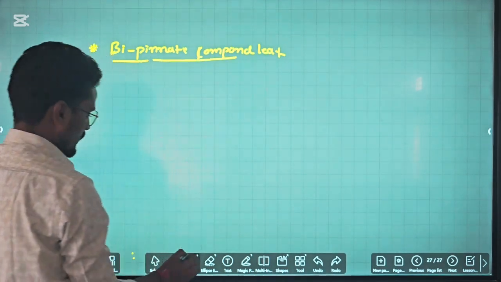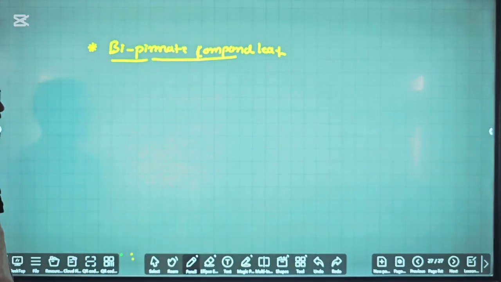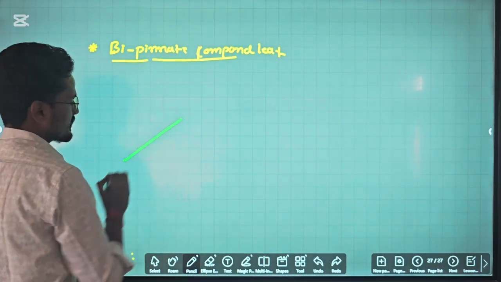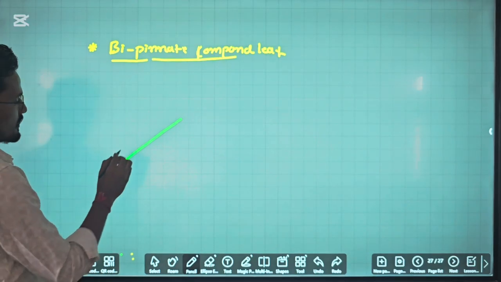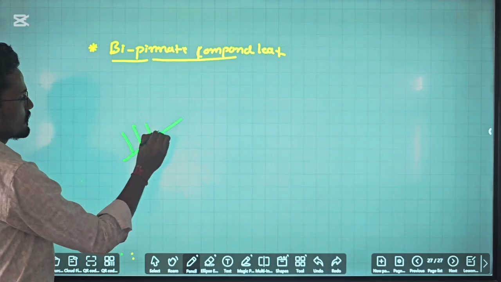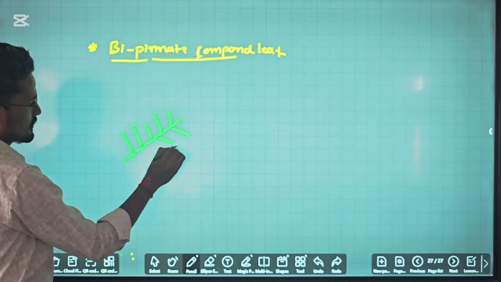Here the leaf rachis is considered as the primary axis. This rachis is going to produce secondary axis. This is a secondary axis.